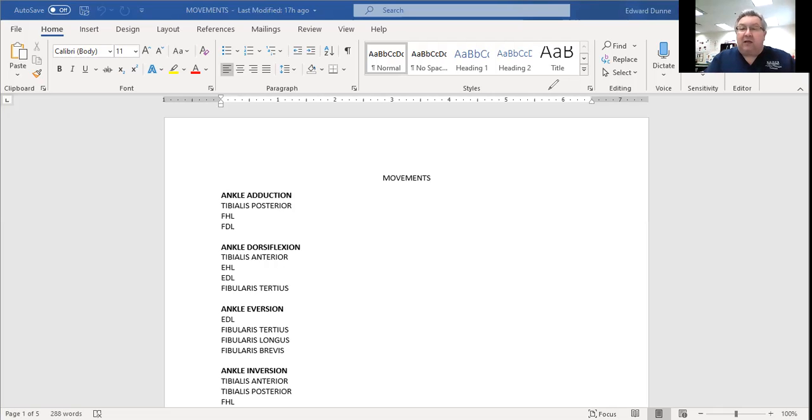The medial collateral ligament, the MCL. Medial, so it's on the inside. The medial collateral ligament stabilizes the inner knee. The lateral collateral ligament, the LCL, stabilizes the outer knee. Kind of makes sense so far, right?